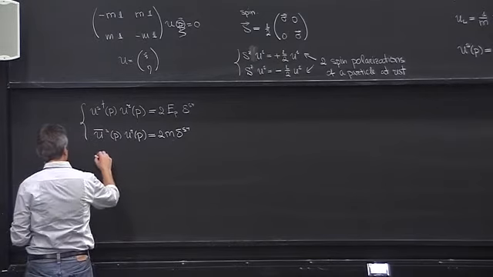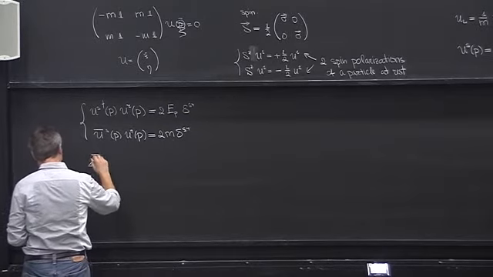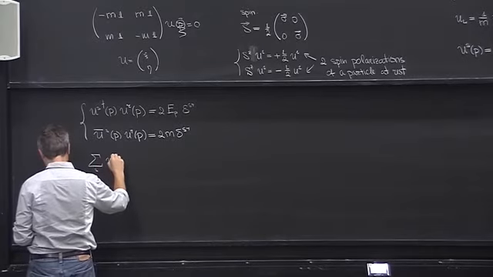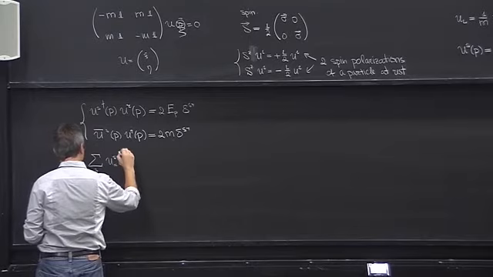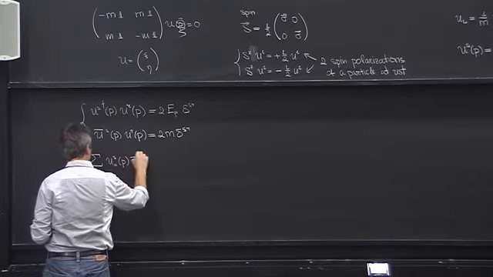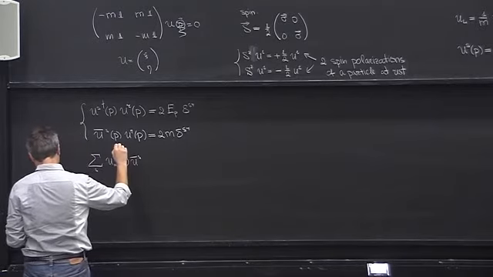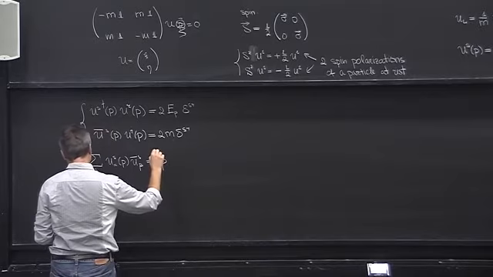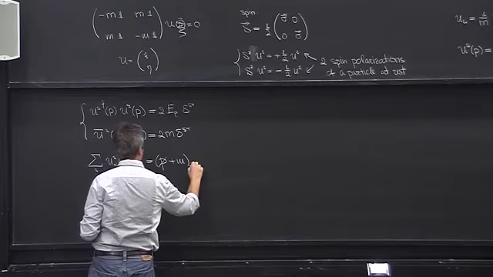Another useful formula is obtained when we take the tensor product of two solutions and sum over the spin index. This turns out to be equal to (p-slash plus m) alpha beta.